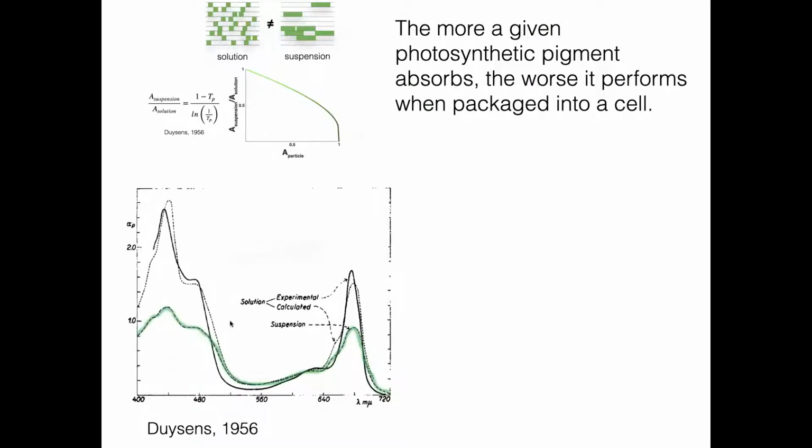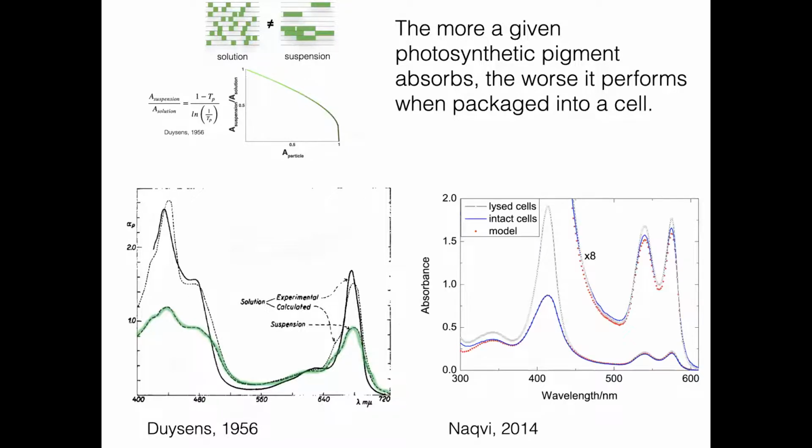Here are absorbance spectra of, in this case, a suspension of single-celled algae, and then those same single-celled algae blown up into a solution. And we can see this flattening that results from this relationship here. So this is algae, and this is the same thing for red blood cells.